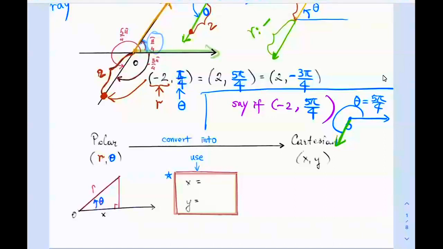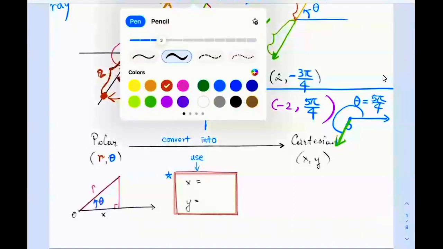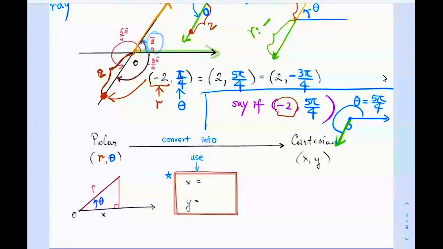Now, the r over here is negative. So instead of going along the direction of this ray, which way should I go? You go the opposite, the other way. So you go this way, opposite this, and then you measure 2 units away from the pole.